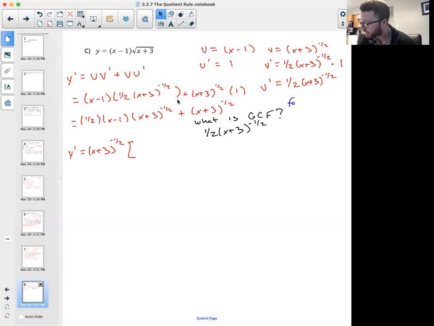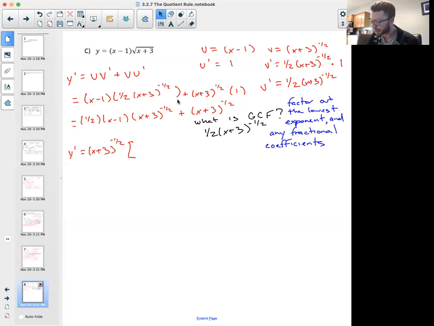So we factor out the lowest exponent and any fractional coefficients. Okay, so I actually also wanted to put in 1 over 2 up here. And that's actually beside the y prime. I know it doesn't look like it, but just trust me.